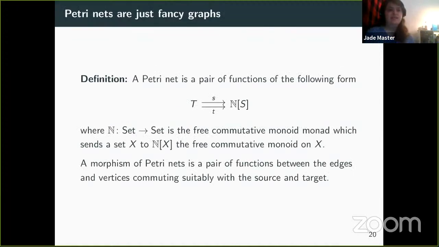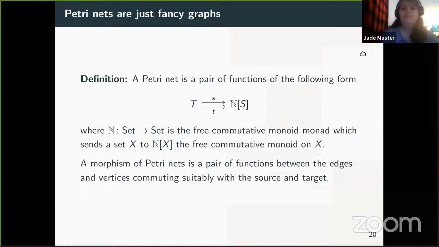And like I said, my attitude about Petri nets is they're fancy graphs. So a Petri net is a pair of functions from a set of transitions to the free commutative monoid on a set of species.